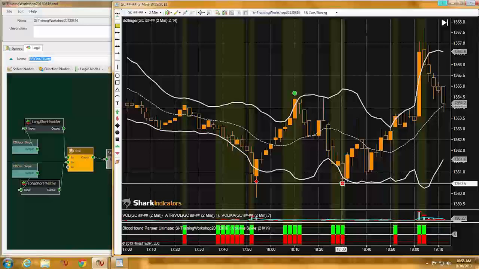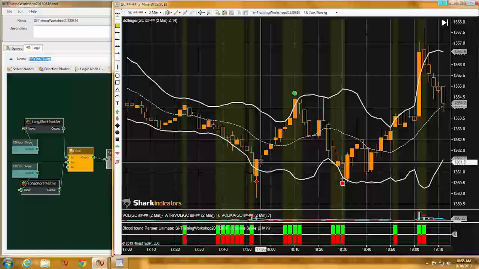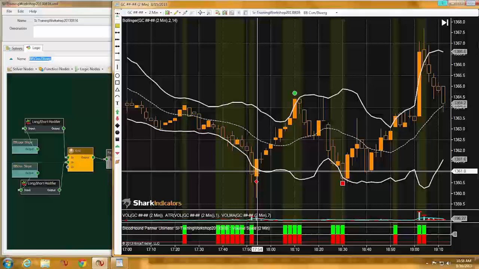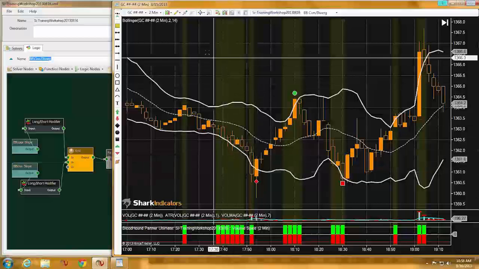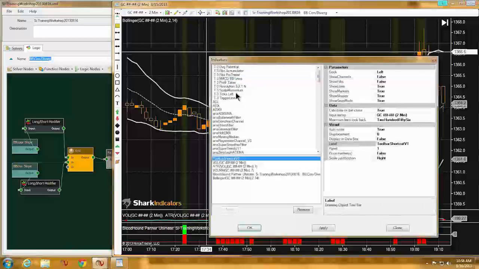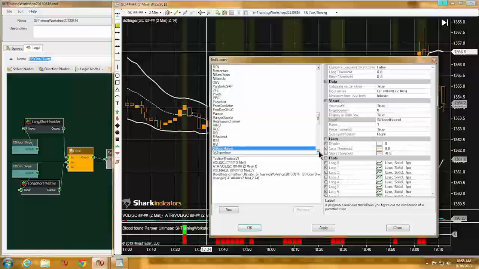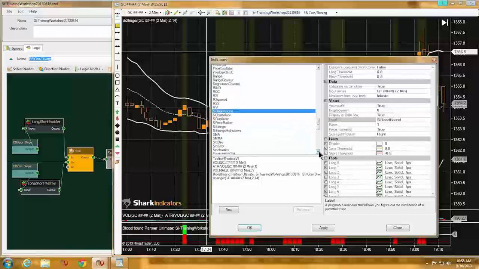So Daniel was wanting to know if there's a way to use the swings high-low indicator that comes with BloodHound to identify patterns like that.